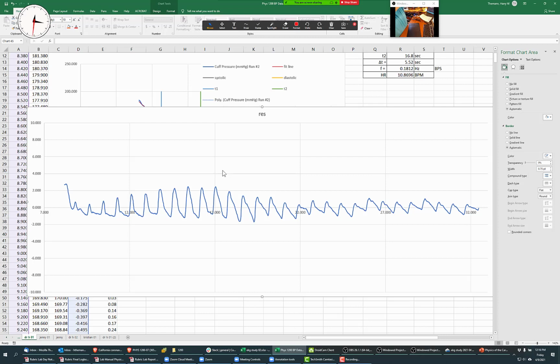So the amount of swing of the blood vessel isn't as much. This is something we thought about on Monday.